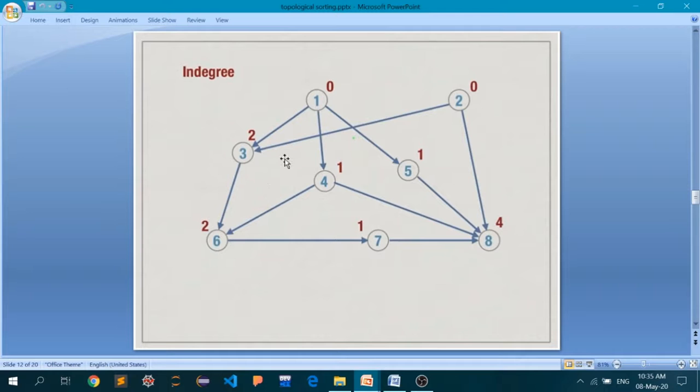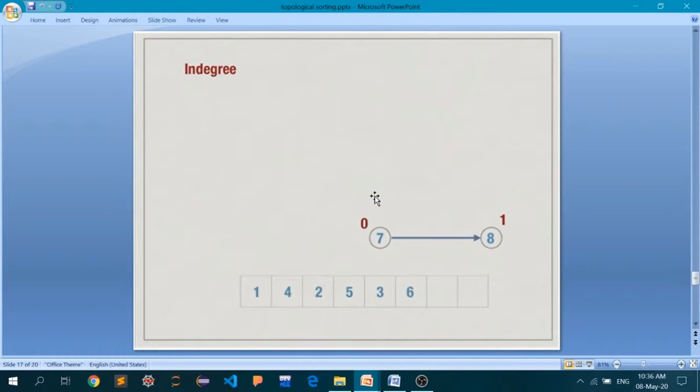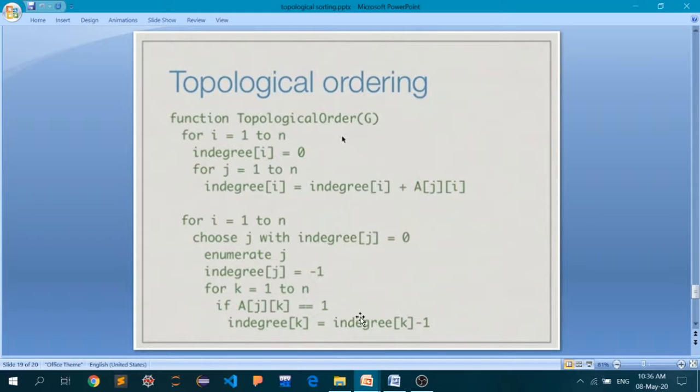All I have to do is, in the adjacency matrix, for the combination, let's say j k is equal to 1, it means there is a possible edge coming from 1 to 3. Then I have to recalculate the in-degree of this particular vertex k, and decrement it by 1.